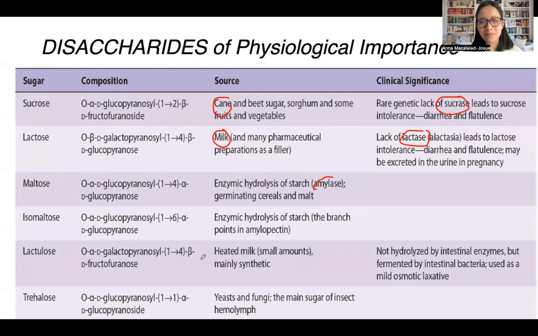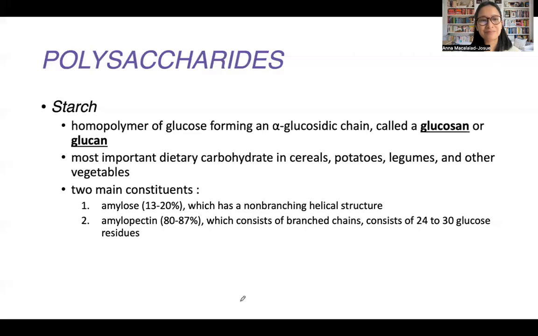Lactulose, no, comes from heated milk, but usually lactulose is a synthetic drug, and usually we prescribe it for patients with constipation. It helps them with their bowel movement. And trehalose, remember, glucose plus glucose, it's found in yeast and fungi, and the main sugar of the insect blood, which is called your hemolymph.